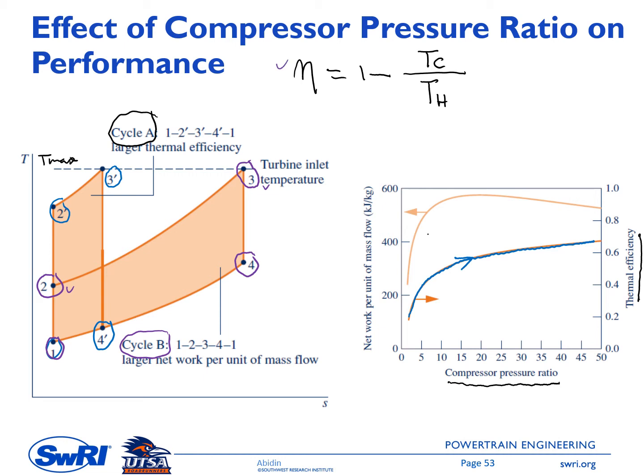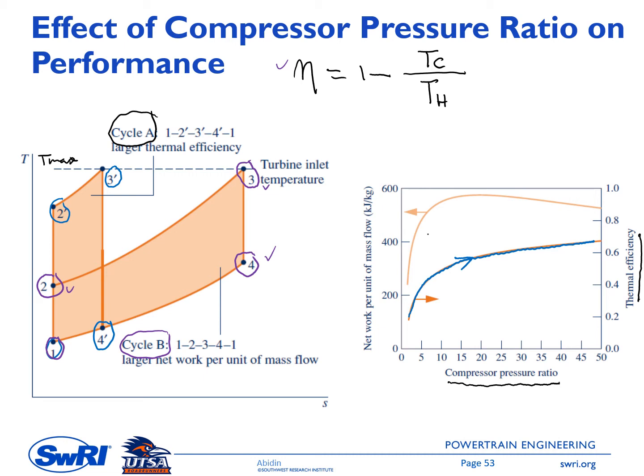Second, cycle B has a higher TC, because the TC for cycle B is the average between T1 and T4, and higher TC also means a lower eta.